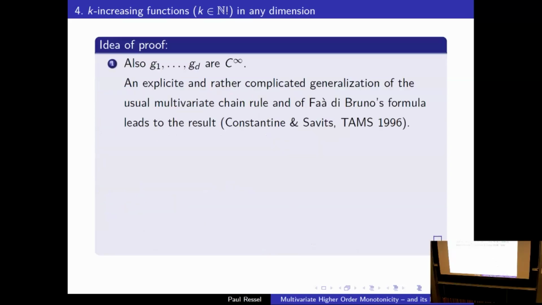And this is the main part, the very complicated and explicit generalization of the usual multivariate chain rule and of the Faà di Bruno formula, which was published in 1996 by two statisticians, I think, in the Transactions of the American Mathematical Society. Constantine is one and Savits is the other one. It's very, very complicated. You have index sets which are horrible in a way, but it can be done. So this is really the hard work here.